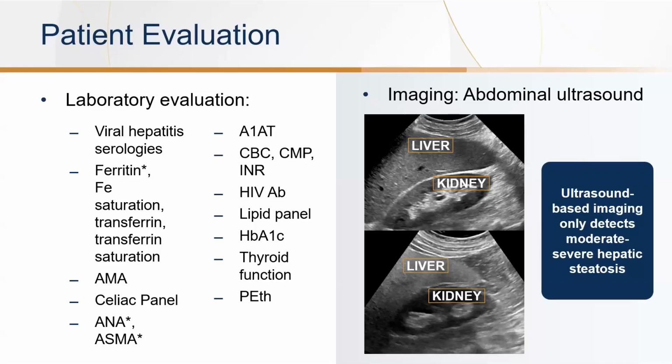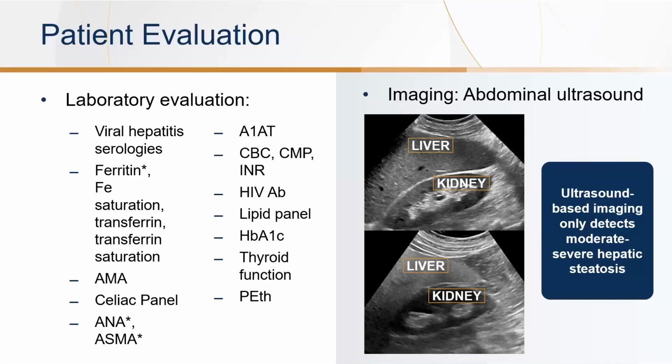You want to check an antimitochondrial antibody, celiac panel, anti-nuclear antibody, anti-smooth muscle antibody, alpha-1, and then your basic CBC, CMP, INR. You want to check for HIV, check lipids, A1C, thyroid function, and your PEth is a nice test for alcohol use because it looks at the past 3 weeks, not just the past 72 hours.